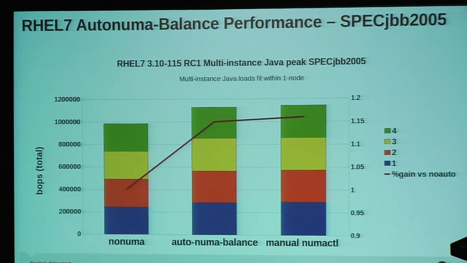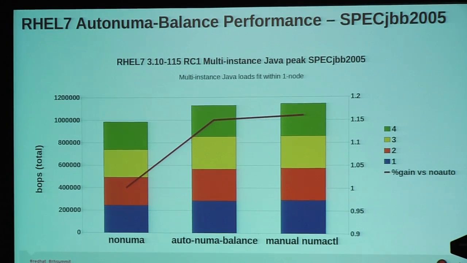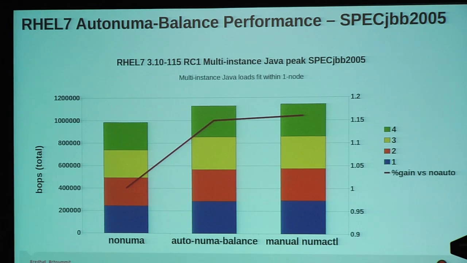The stack chart on the left is pretty much a diagram of what you're going to get out of the box in a RHEL 7 environment without the NUMA balancing code enabled. The sum of 4 instances of Java gives us a throughput in billion operations per second.